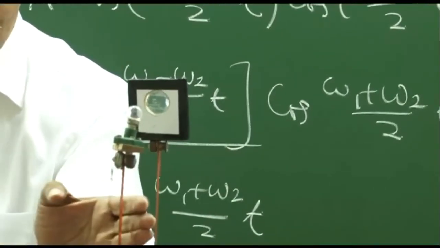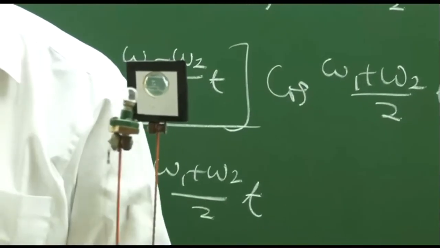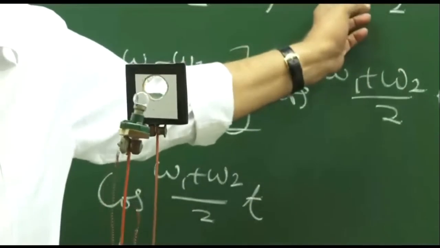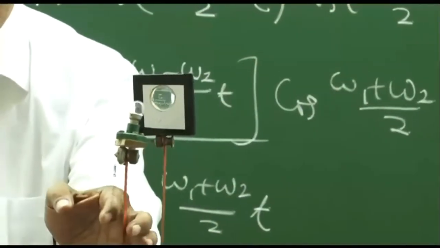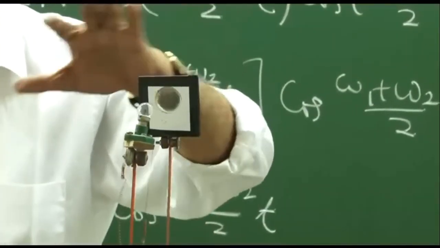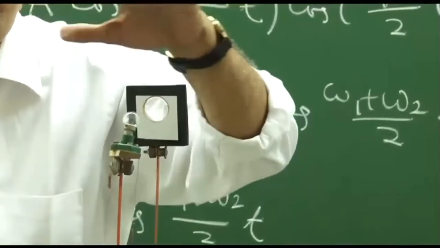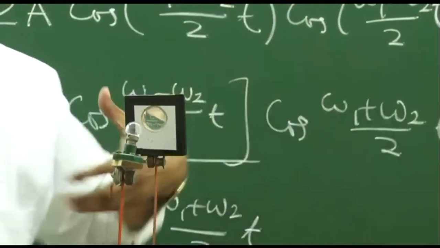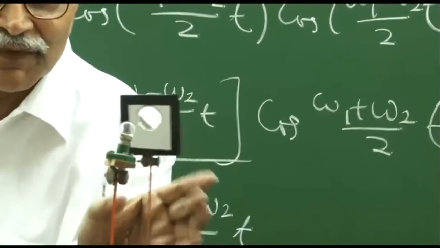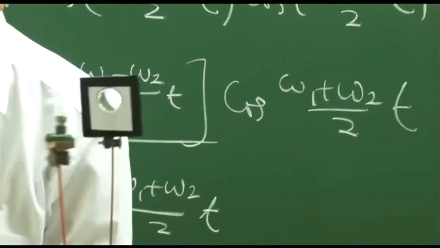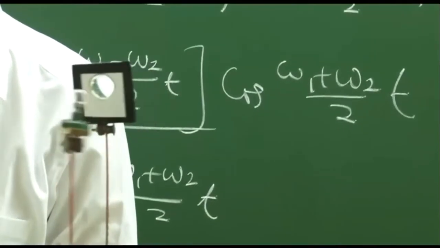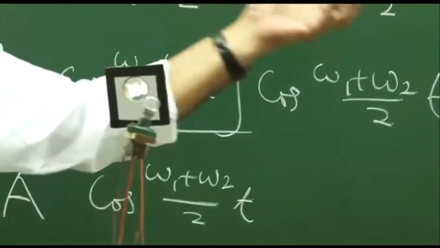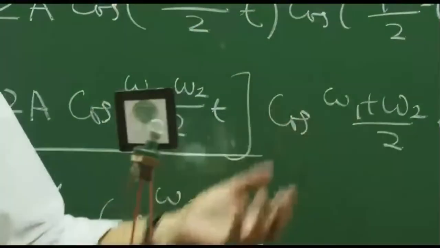Whereas, if I oscillate this bulb, then also the image will oscillate, but this time it will have the frequency of this bulb's oscillations, and if I oscillate both of them together, then this image will get oscillations which will have the frequency of this lens vibration as well as the frequency of this bulb vibration, and then you will enjoy how the amplitude of that image oscillation changes with time.